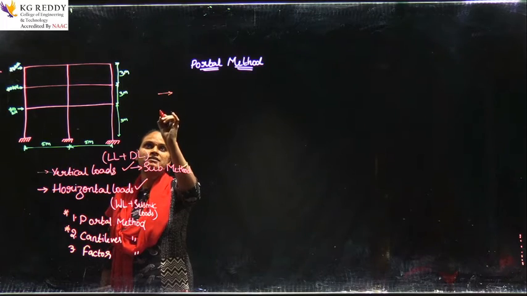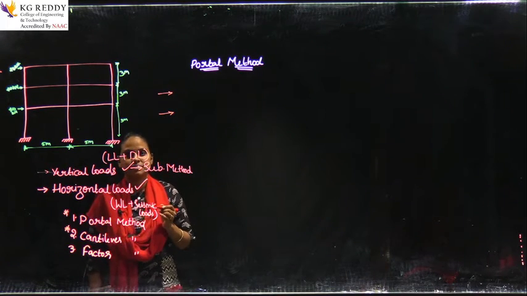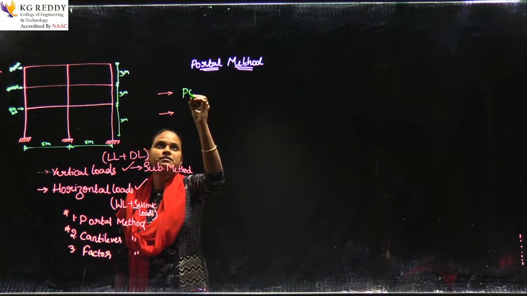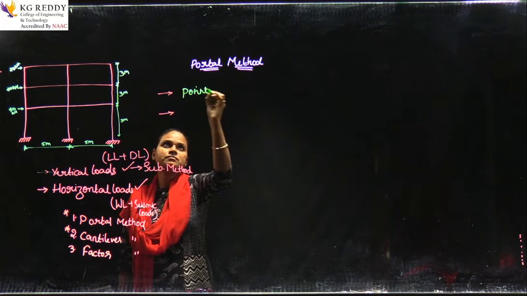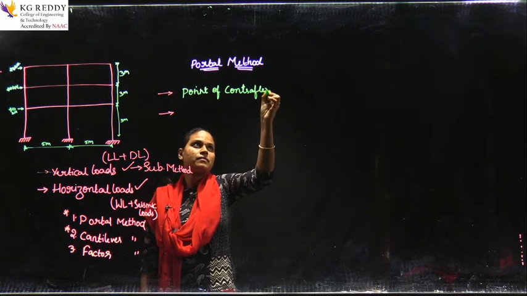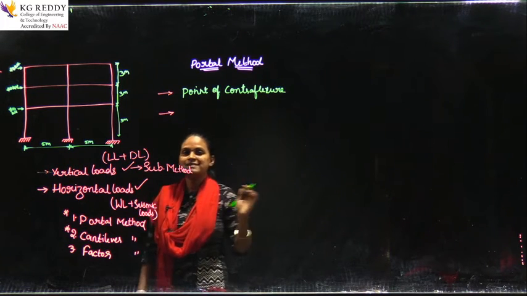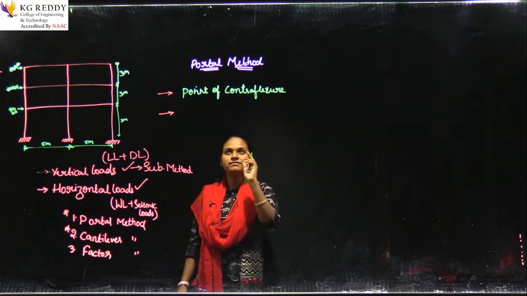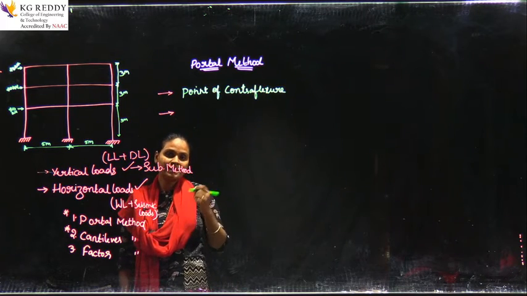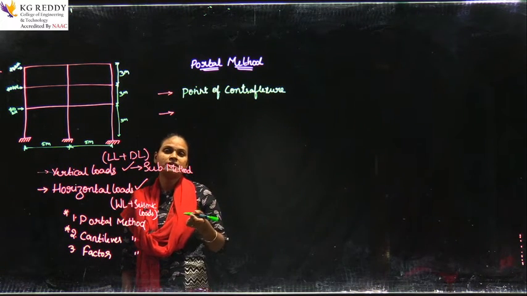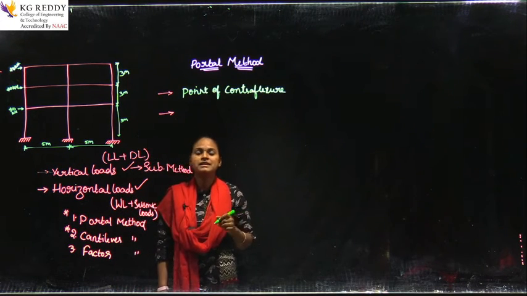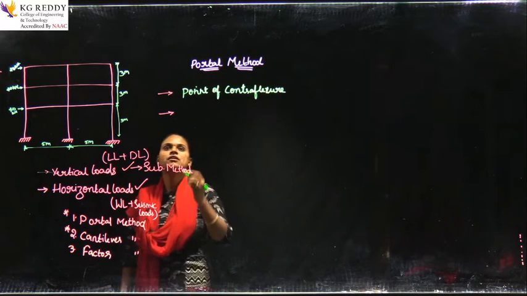The portal method has two particular assumptions. The first one is that the point of contraflexure is considered exactly at the center of the beam. That is the first assumption for the portal method, and the second assumption is that the interior column has double the shear of the exterior columns.